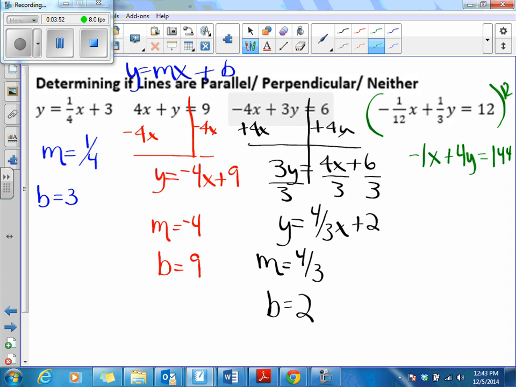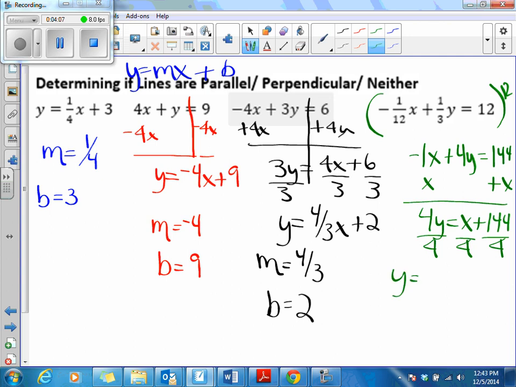I'm going to add x to both sides. So I have 4y equals x plus 144. Divide every stinking term. Y equals 1/4 x plus 36. So here my slope is 1/4 and my intercept is 36.